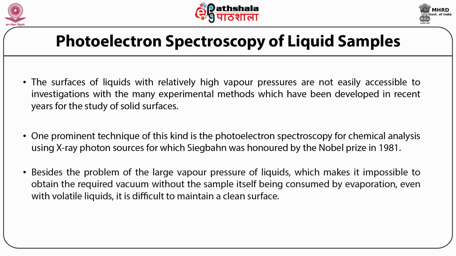Besides the problem of large vapor pressure in liquids, which makes it impossible to obtain the required vacuum without the sample itself being consumed by evaporation, even for volatile liquids it is difficult to maintain a clean surface.